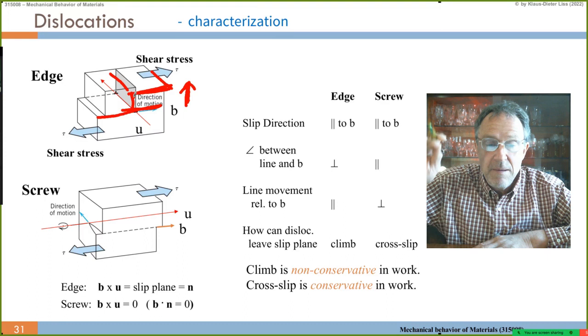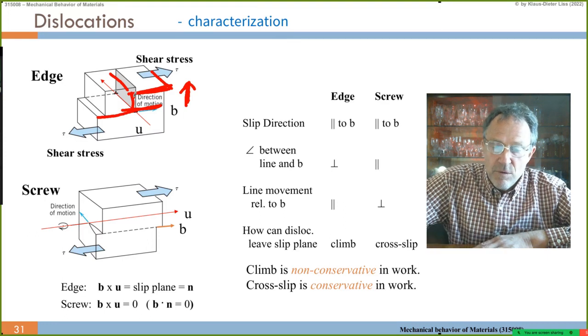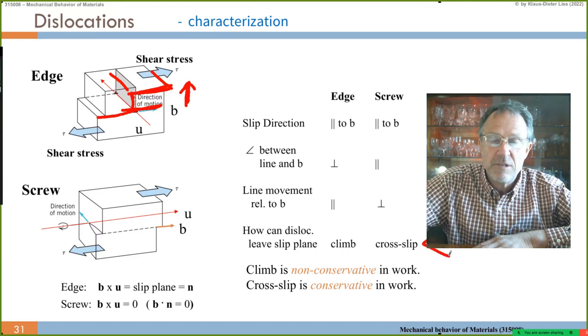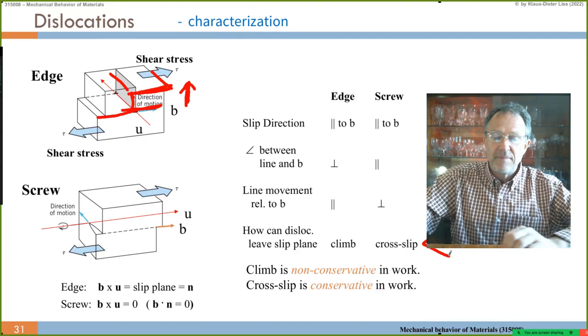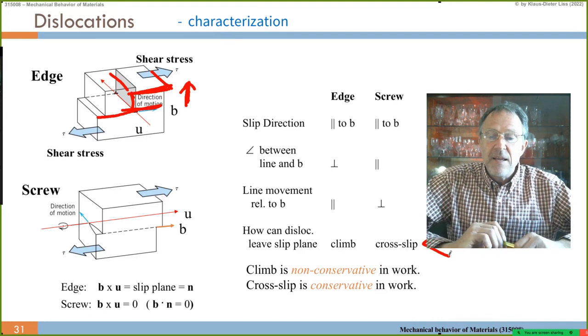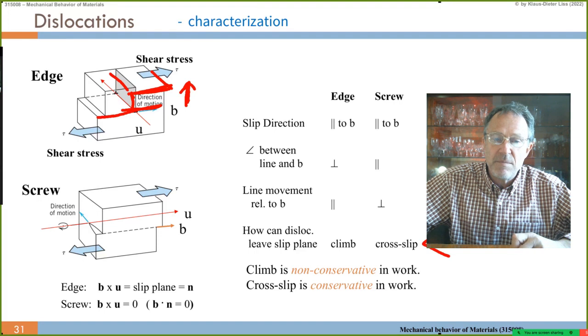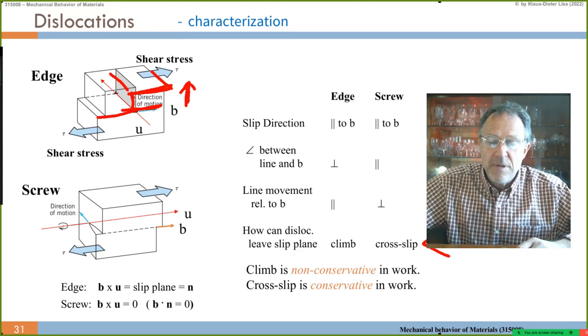We climb up off the slip plane, and in the case of screw dislocations, this is cross slip. And what cross slip is, I introduce in a sec. The climb is non-conservative in work. We even have to add atoms or remove atoms in the climb, while the cross slip is conservative in work, so mechanical work.